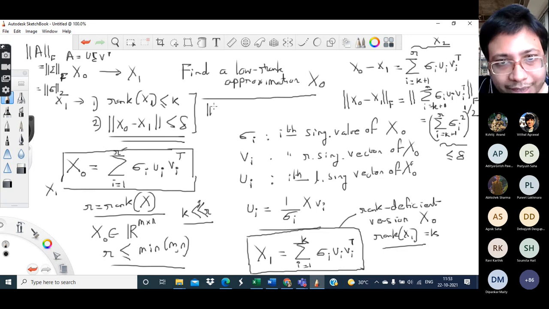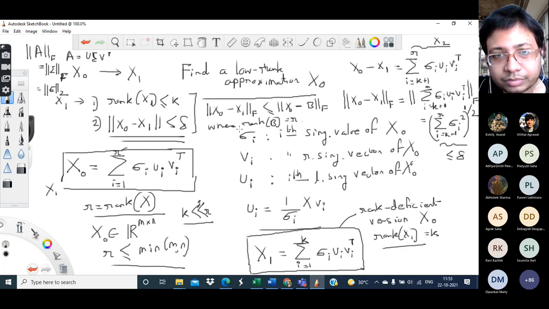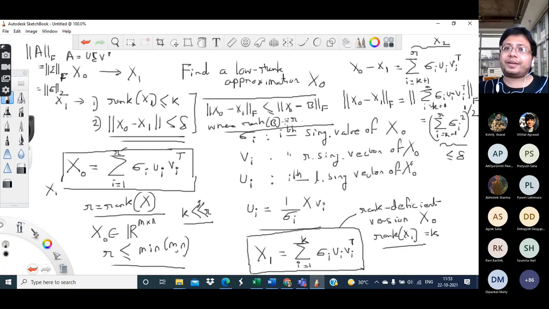In other words, the Frobenius norm squared of x naught minus x1 is less than or equal to the Frobenius norm squared of x naught minus B, where B is any arbitrary matrix of rank k. So it is basically saying that x1 is the best matrix of that rank which approximates x naught.